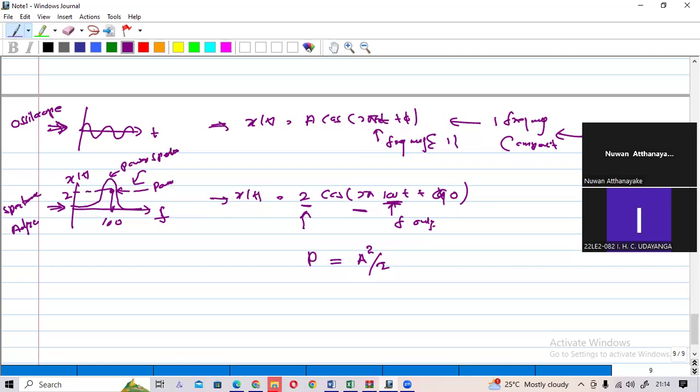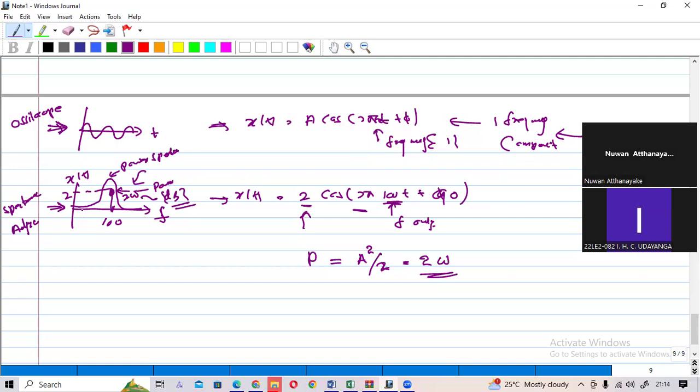Here the amplitude is 2, so 2 square divided by 2 means 2 watt. Normally you will get this power of 2 watt. Actually, this is in dB. Normally the spectrum analyzer will show this power level in dB. So this kind of signal you will get.